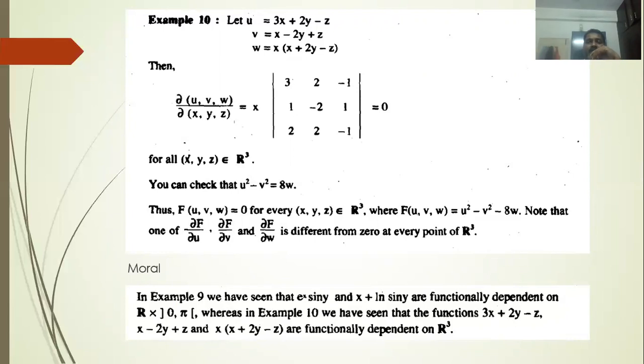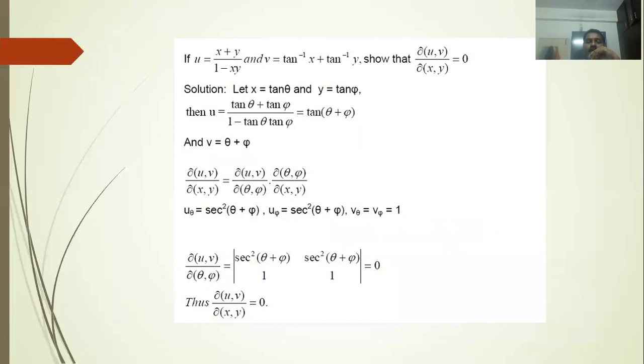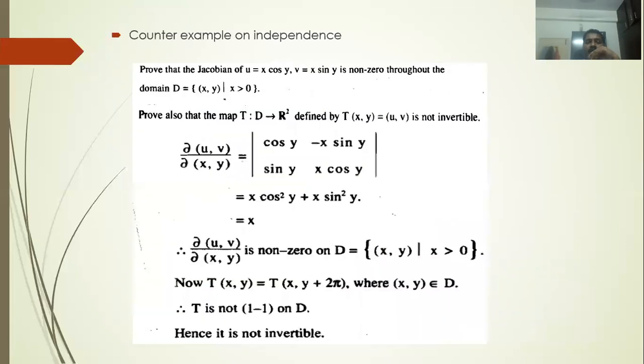And you expand the determinant, we see that it's equal to 0. So they are functionally dependent. Now we need the relationship between them. The relationship between them is u square minus v square equals 8w. This example we have seen already.